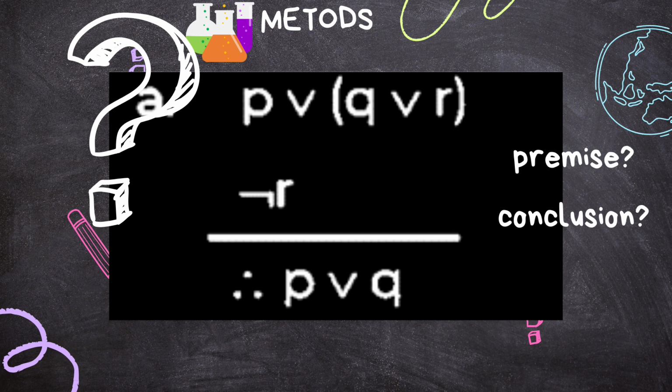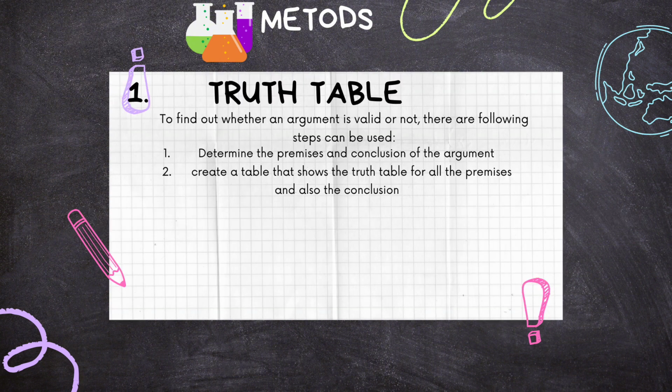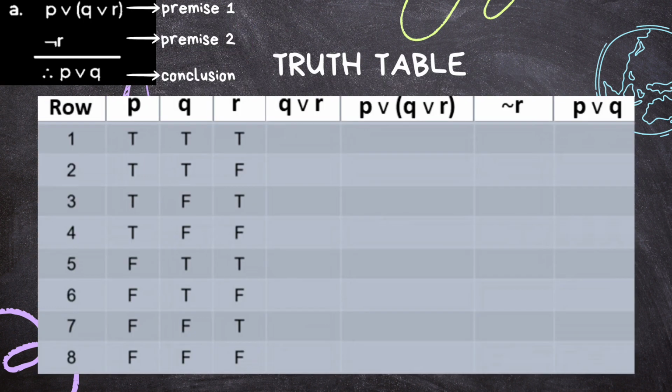So, the first step is to determine the premises and also the conclusion of the problem. The second is that we create a table that shows the truth table for all the premises and also the conclusion. So after we know the premises and conclusion, we create a truth table.